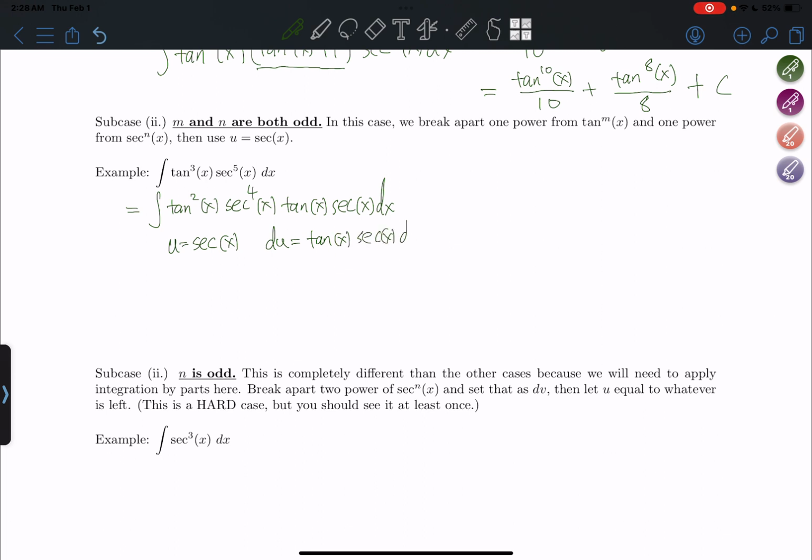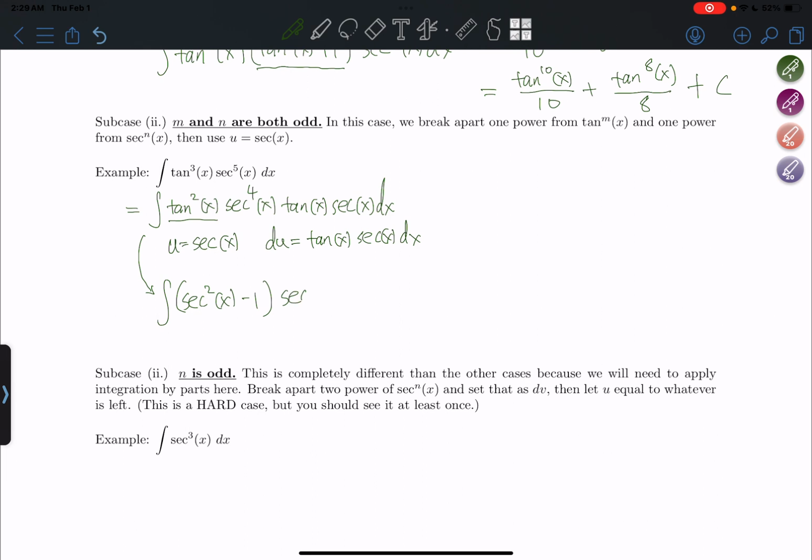Doesn't really matter which one you write first, right? Now just to get everything from tangent to secant, all I have to do again is use the Pythagorean identity, turn that tangent squared into secant squared x minus 1.